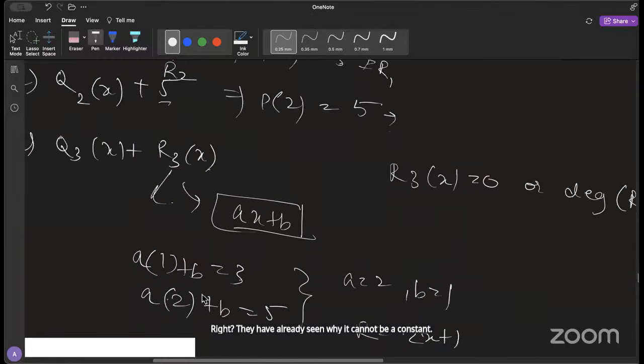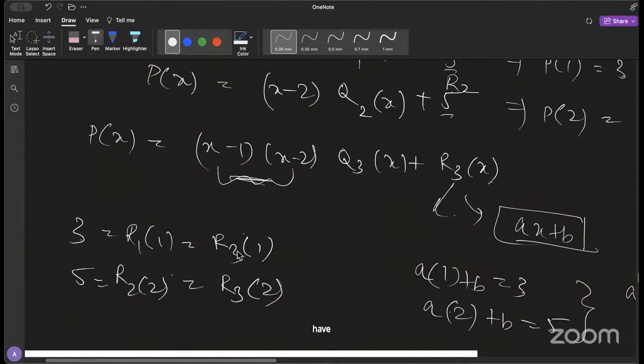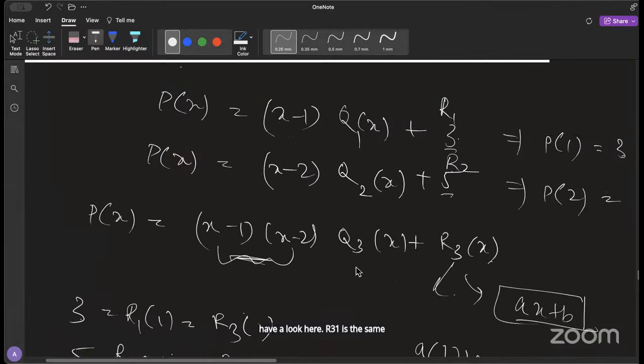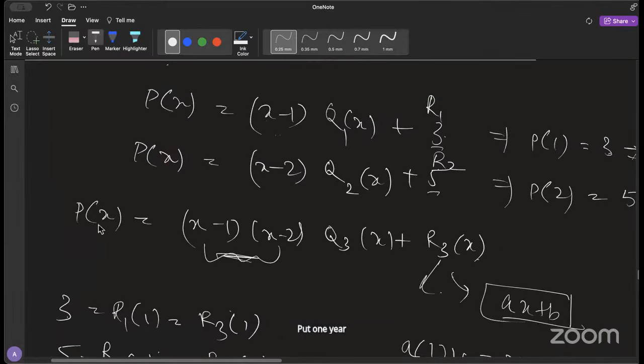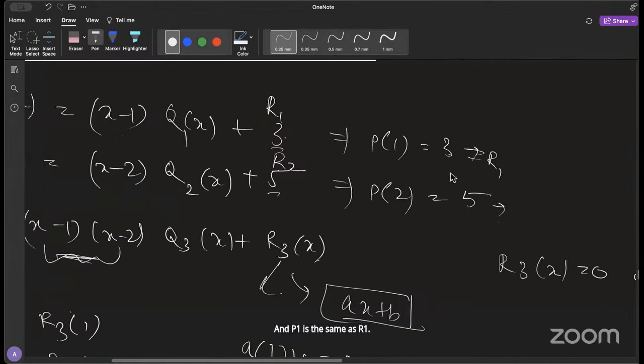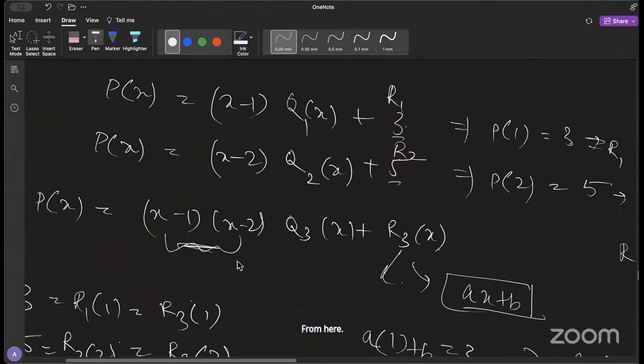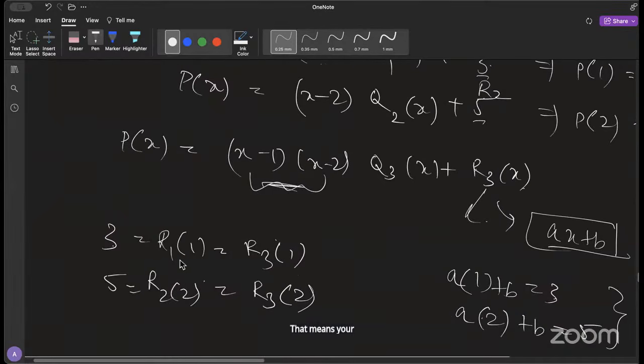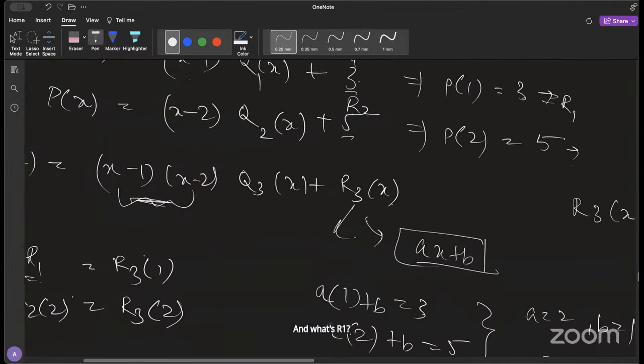We have already seen why it cannot be a constant. Because R3(1), have a look here, put 1 here, you will get R3(1) equals P(1), and P(1) is the same as R1 from here. That means R3(1) is the same as R1(1), or you can simply write R1. And what's R1? This remainder is 3.